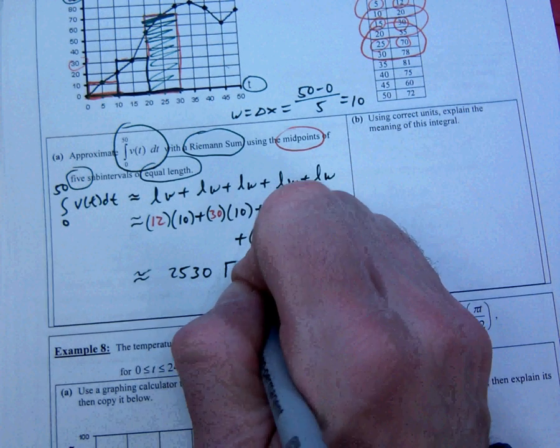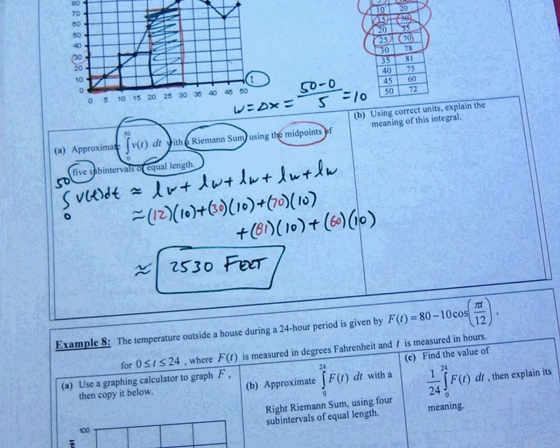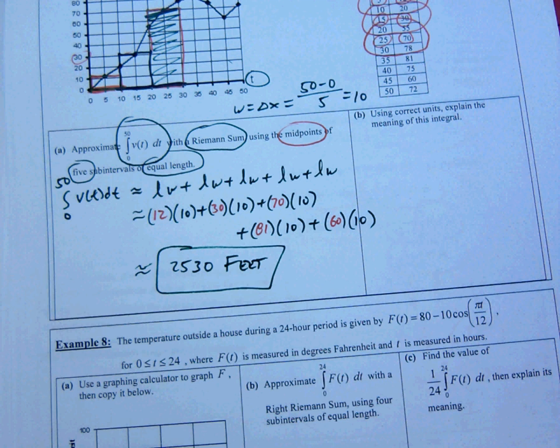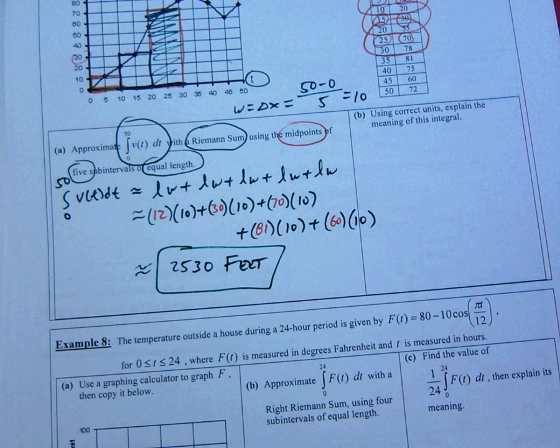All right, now by putting the units, I think you're able to put meaning behind what you just found. What is feet? Feet is a unit of distance. And so you just found a distance. So what distance did you find?